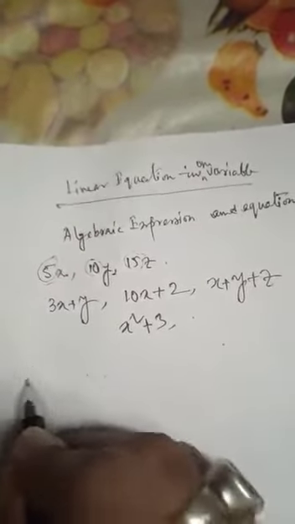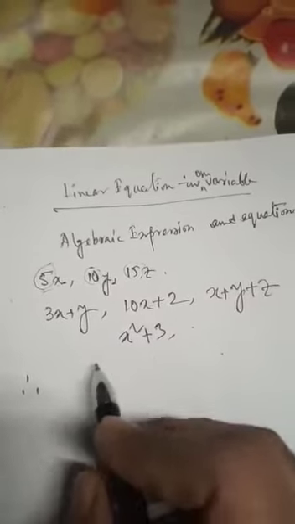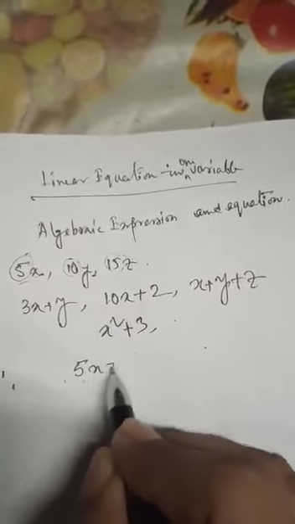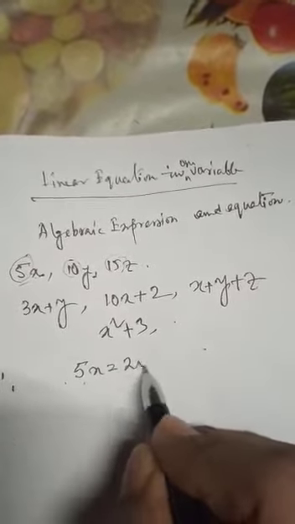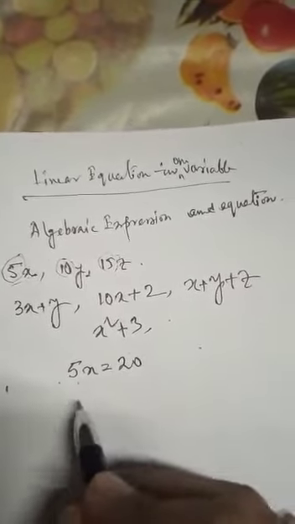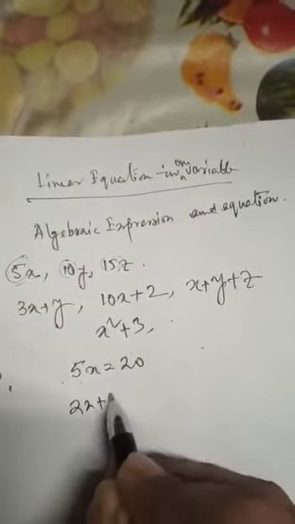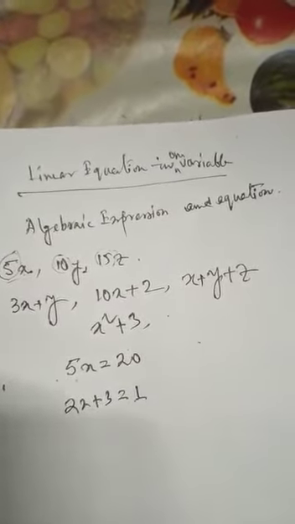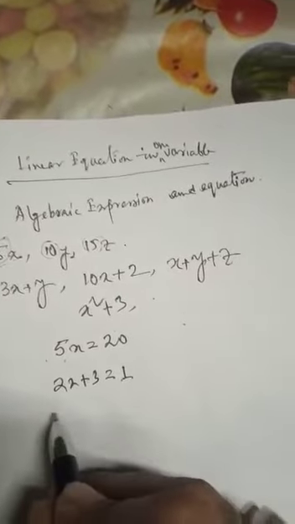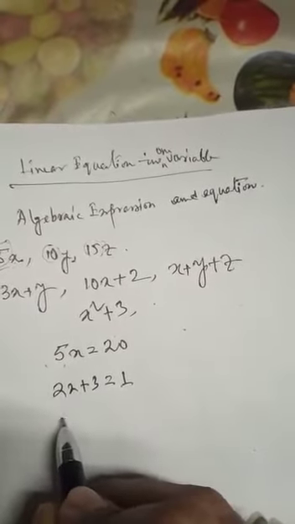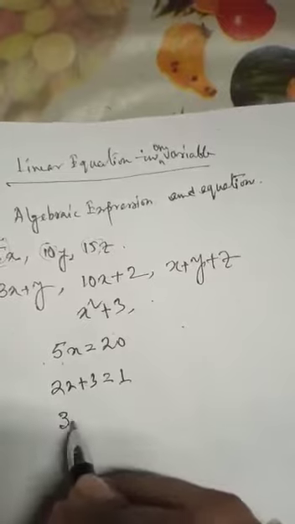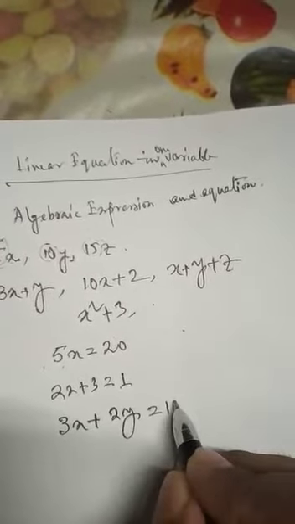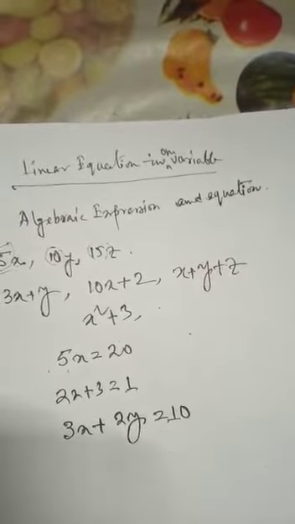And what are equations? Equation is like 5x equals 20. Okay, 2x plus 3 equals 1, like 3x plus 2y equals 10.